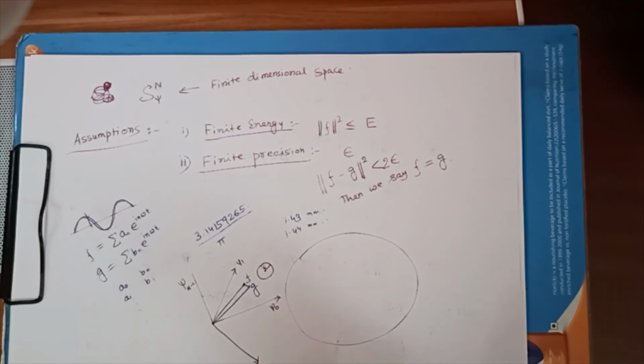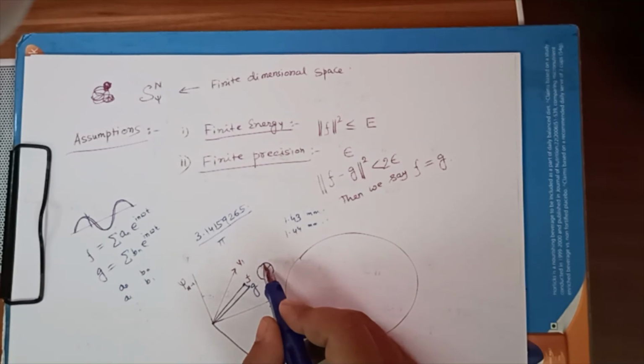So clearly, this entire volume is given to a single signal. That one signal is uniquely identified within this ball. Okay. So precision gives us this enormous understanding that in reality, within this epsilon energy ball, how many signals are possible?